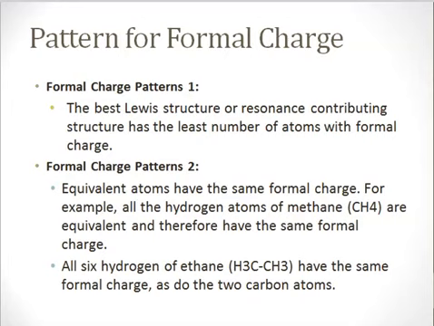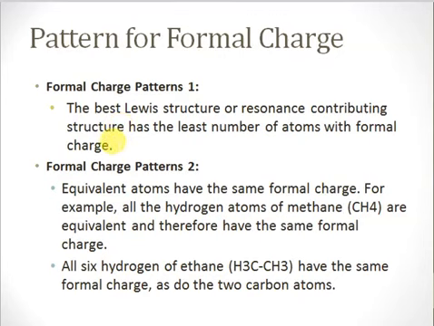Whenever you have written a best Lewis structure, or in case of resonance, you have considered the best resonance contributing structure, then the contributing structure that has the highest contribution will have the least number of atoms with formal charge, right?